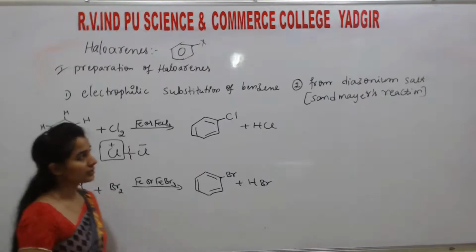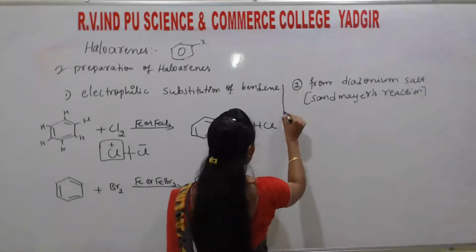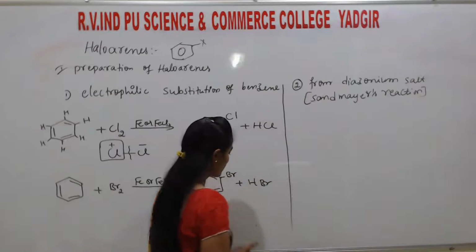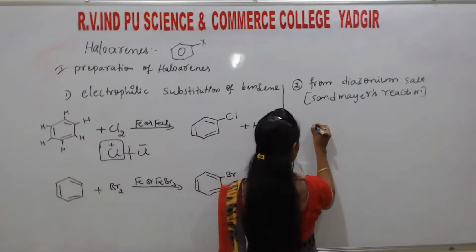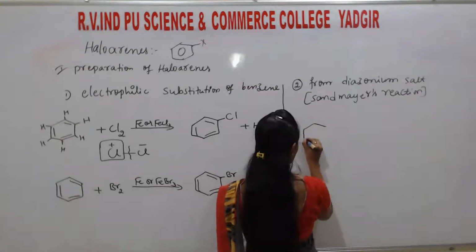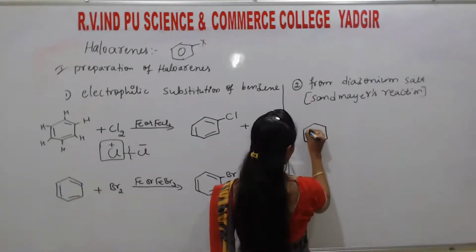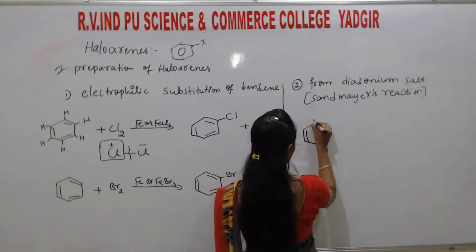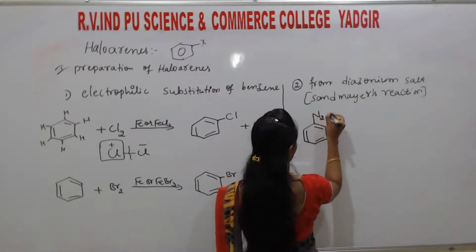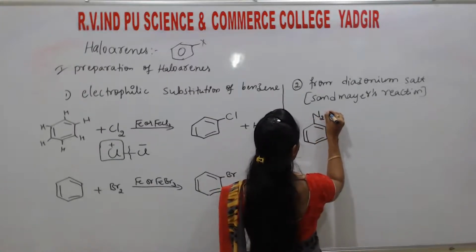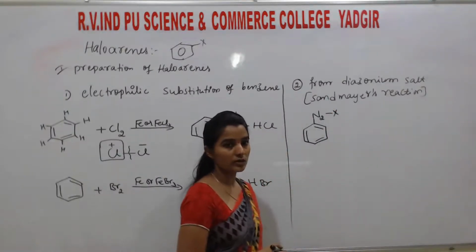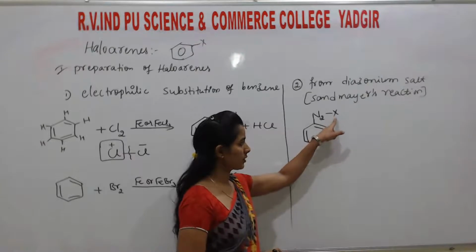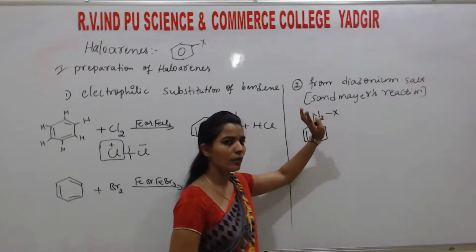Understand? So next, from diazo compounds. So what are diazo compounds? So listen, if the benzene ring is with this type of structure, N2 X, this type of structure. It may be Cl, it may be Br, whatever it may be.